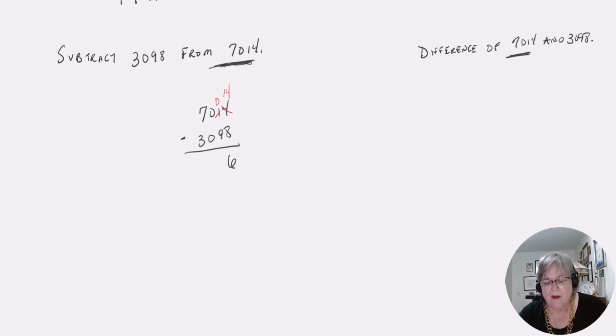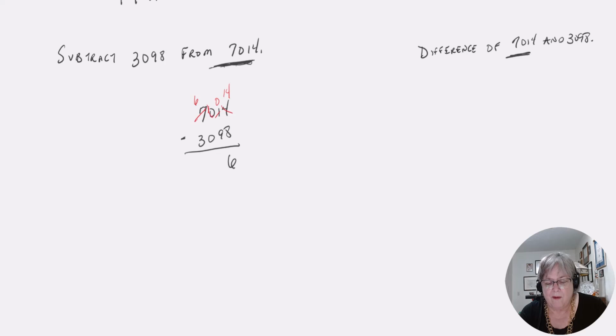Now moving on, I can't take 9 away from 0. And I can't borrow from its next door neighbor because that's a 0. There's nothing there. So I'm going to come all the way down here and borrow from the 7. That would leave me 6. So I carry 10 over. Now I've got 1 0, which is 10.